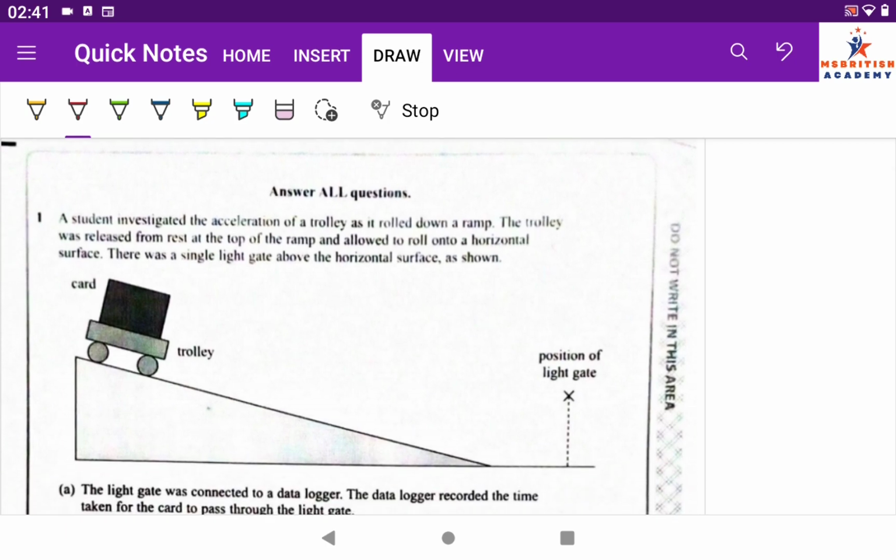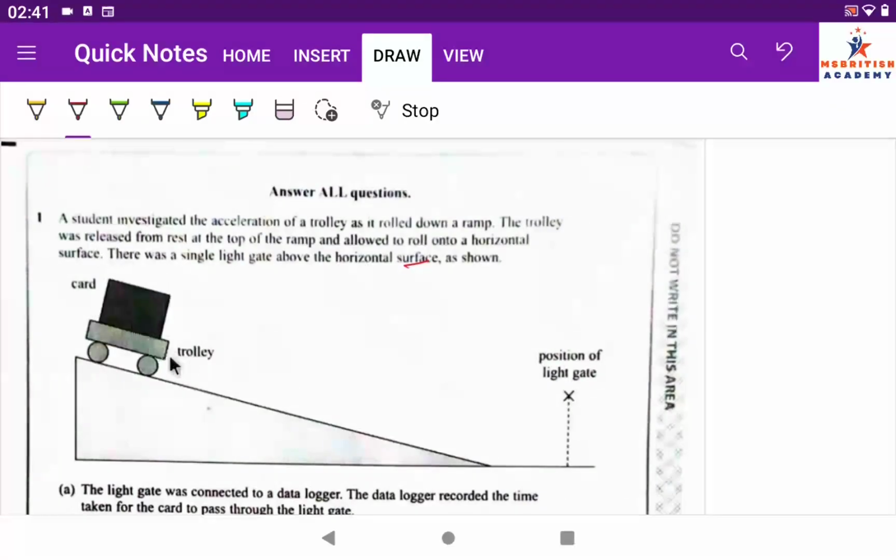Question number one. A student investigated the acceleration of a trolley as it rolls down a ramp. The trolley was released from rest at the top of the ramp and allowed to roll onto a horizontal surface. There was a single light gate above the horizontal surface as shown.